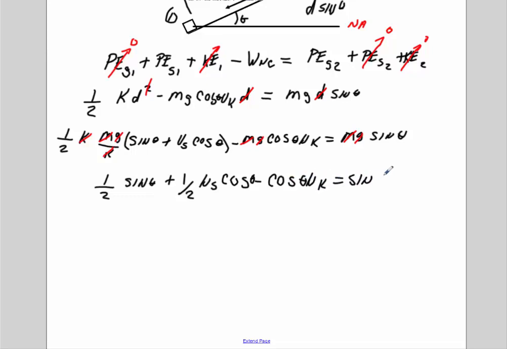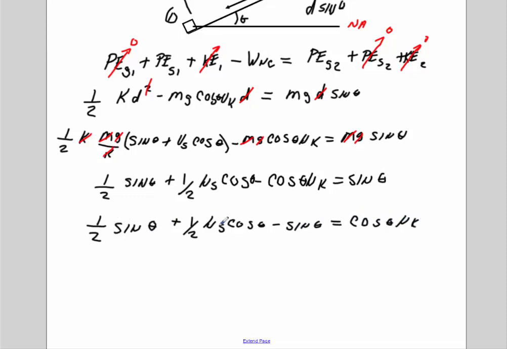Okay, we're trying to solve for mu of k. So I'm going to move this over and move the sine over. That's going to give me 1/2 the sine of theta here, and then plus 1/2 mu of s cosine of theta minus the sine of theta is equal to cosine of theta mu of k.